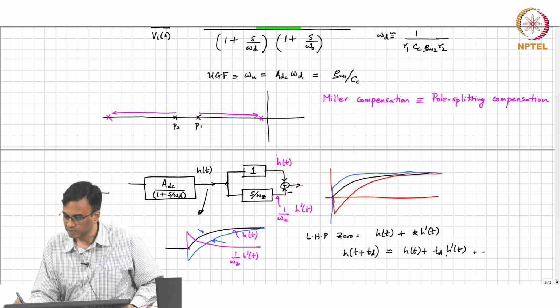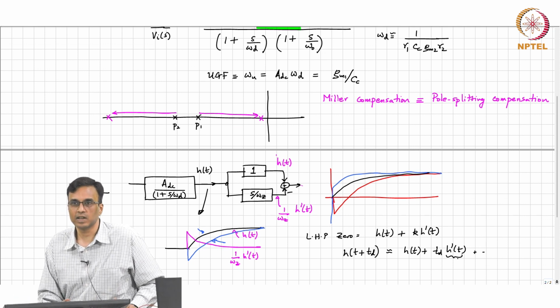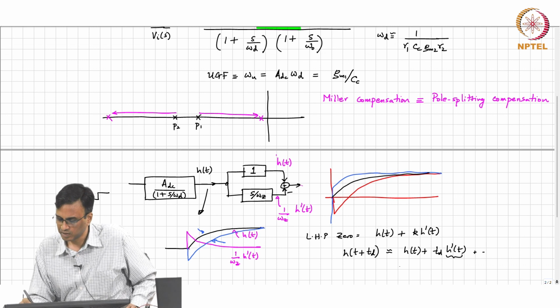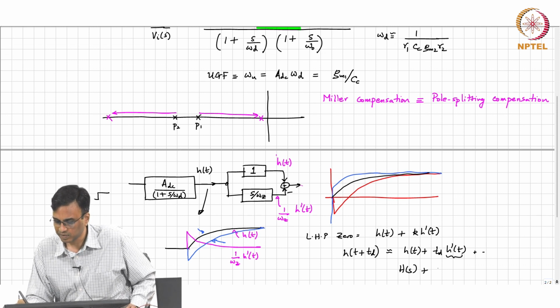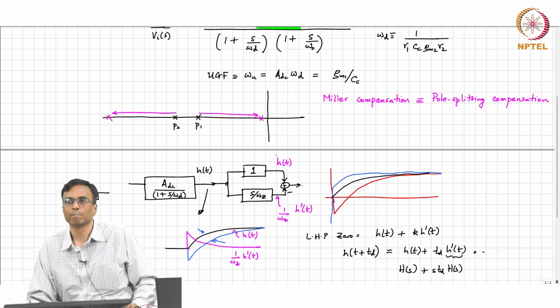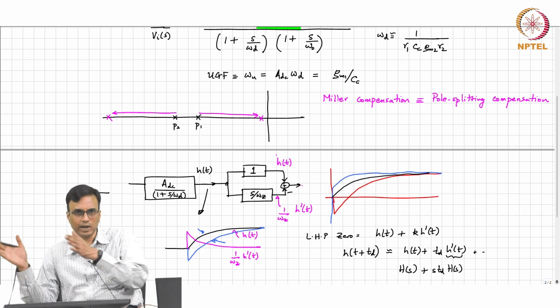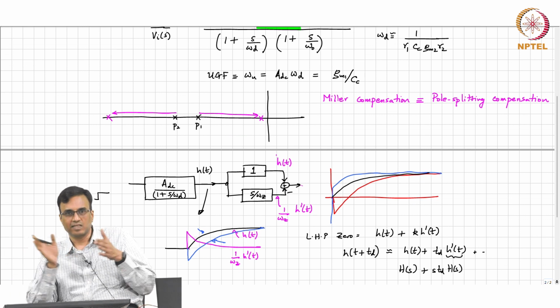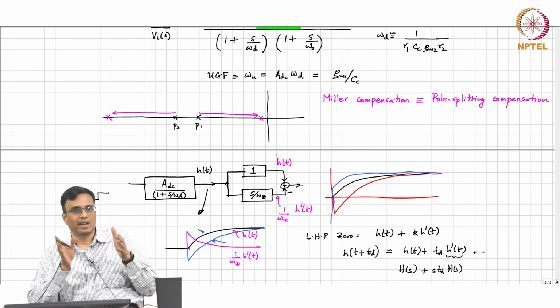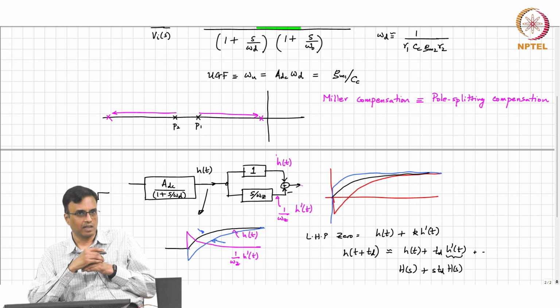In the s domain, this is H of s plus td times s times H of s. So, this says you have a 0 in the left half plane, which is attempting to advance the signal.